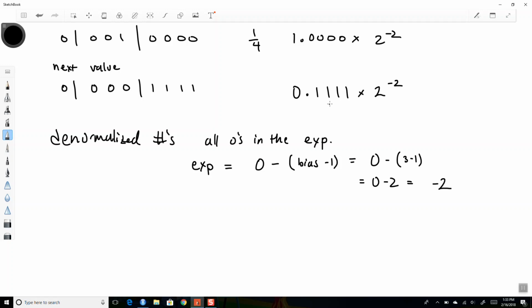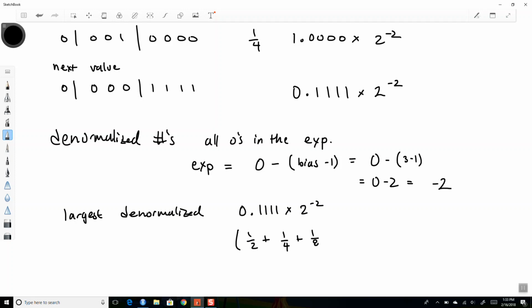And so the largest denormalized number, which is exactly this, 0.1111 times 2 to the negative 2. So this is going to be 1/2 plus 1/4 plus 1/8 plus 1/16 times 2 to the negative 2, and this is 15/16 times 2 to the negative 2, so this becomes 15/64.